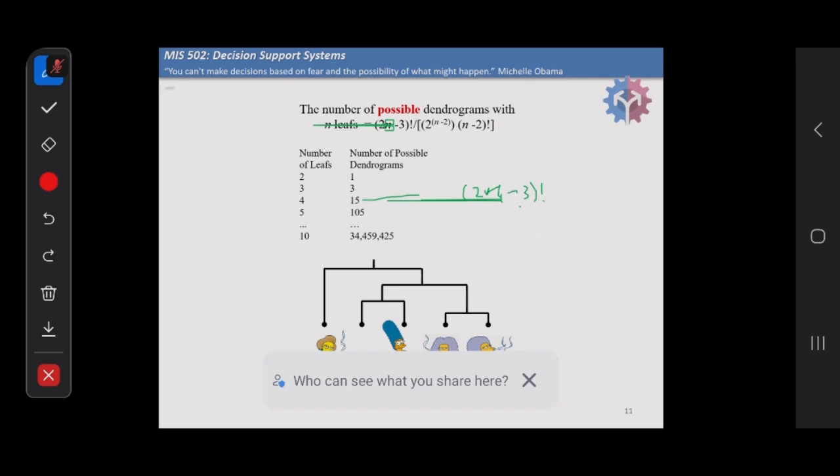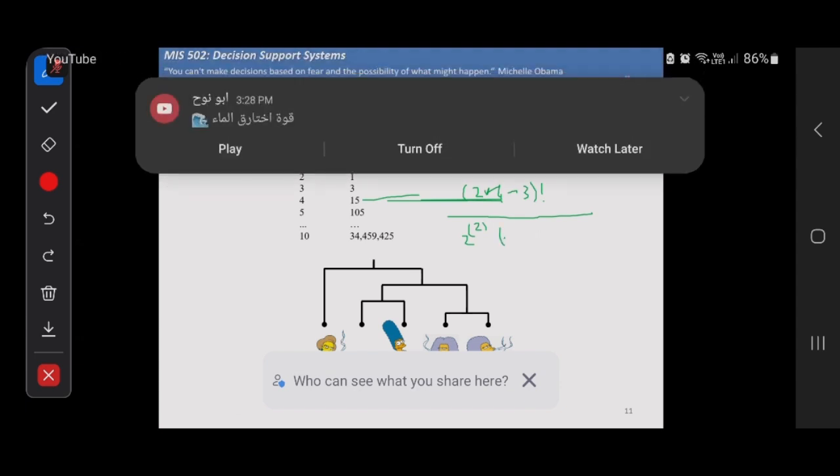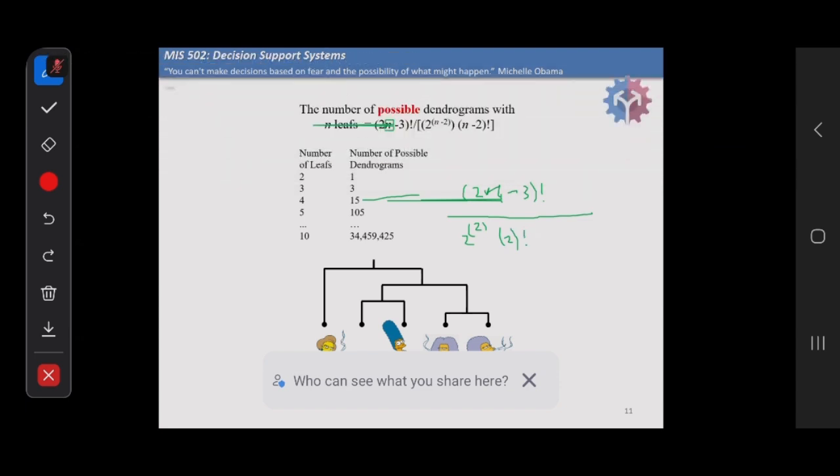So 2 raised to the power 4 minus 2, and then again 4 minus 2 is 2 factorial. Very easy to calculate.